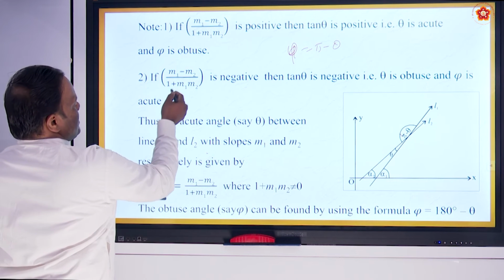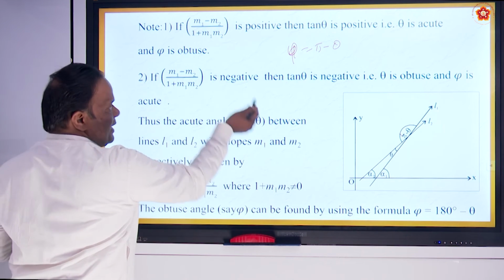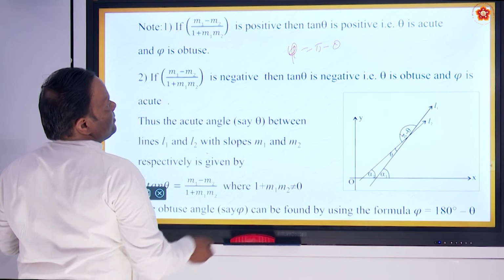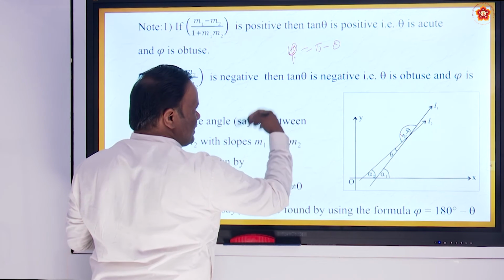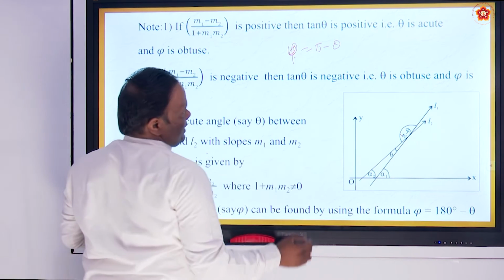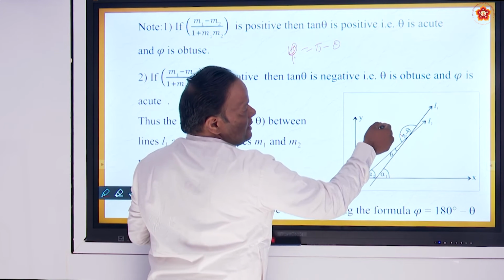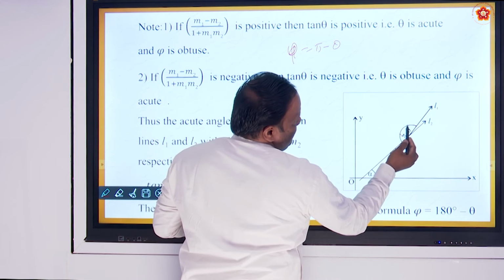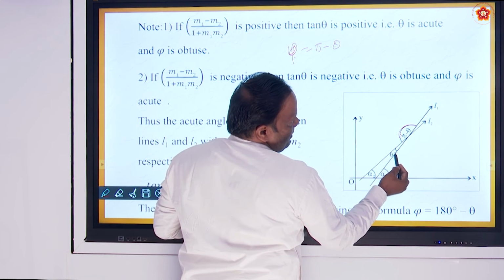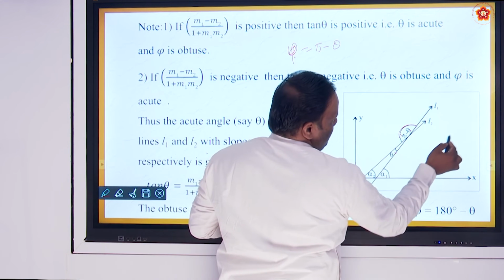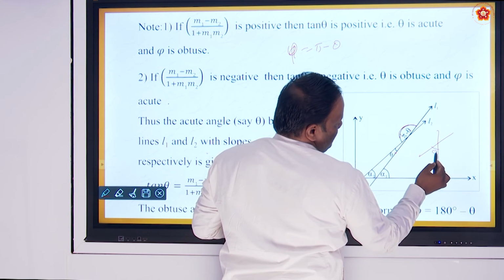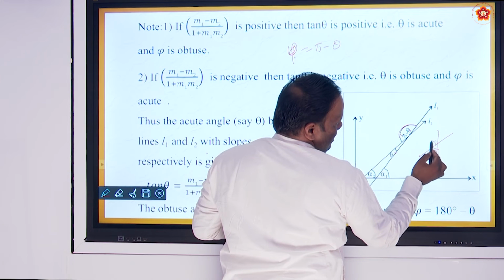If (m1 minus m2) divided by (1 plus m1 m2) is negative, then tan theta also becomes negative. That is, if this angle becomes acute, then theta becomes obtuse. Observe here, I draw these two lines like this. This is theta, this is acute, this is obtuse.